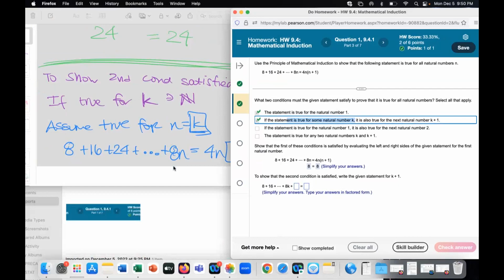I'm going to back up real quick because the way I wrote it was too big. I'm going to have to move a little to the left from running out of room. So 8 plus 16 plus 24 plus, you're going to have your 3 ellipses, 8. And then instead of n, I'm going to have a giant parenthesis, and I'm going to plug in the k that they're telling me to evaluate. I might even make it a nice green so you can really see.